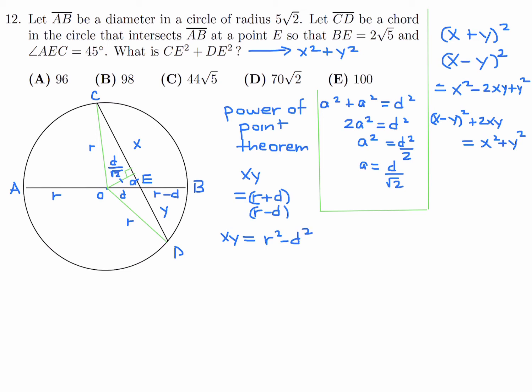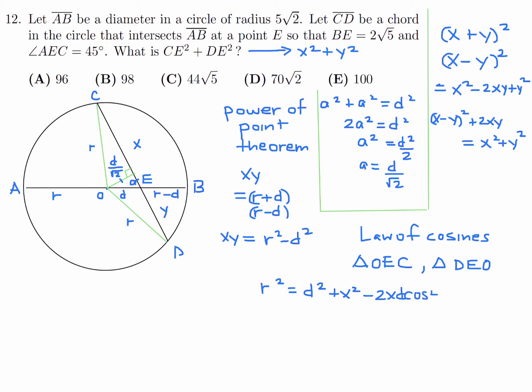All right. Now next we're going to use the law of cosines, and we're going to use it on two triangles. The first one is triangle OEC, and then triangle DEO. So on OEC, it'll be r squared is equal to d squared plus x squared minus 2xd cos 45.